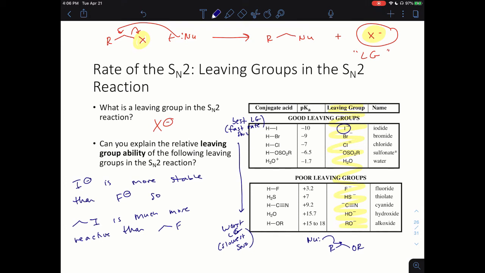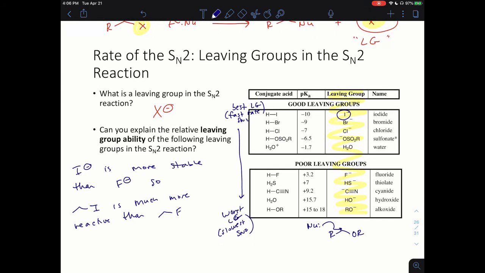So leaving group ability correlates with basicity. Yay, finally. So the weakest base is your best leaving group. Yes, awesome. Your weakest base is your best leaving group.